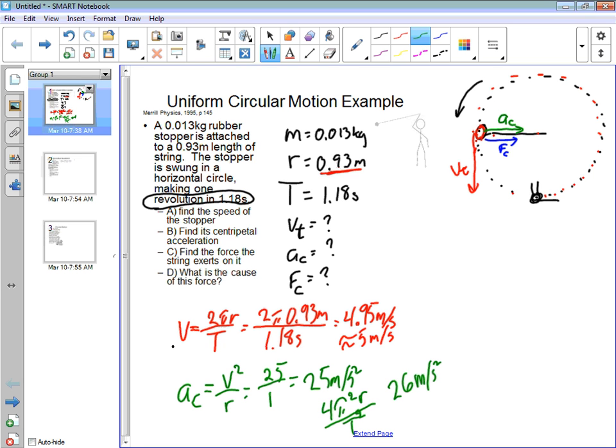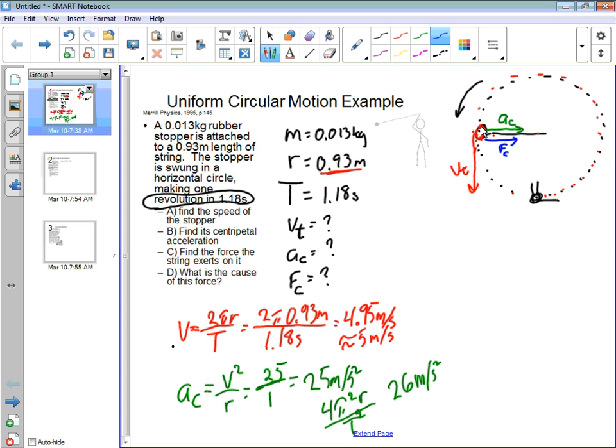Does anyone have a question on how this was figured out? Why don't you redo your numbers? If you use this version right here, make sure you squared the velocity and only the velocity. If you're still not sure, please raise your hand, or you can talk to me after I turn off the microphone.